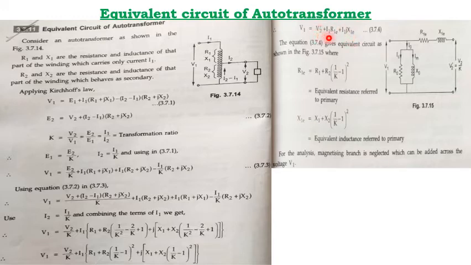With respect to this expression, I will draw the equivalent circuit. So how will we draw the equivalent circuit? You know this is the no load component, so no load resistance and no load reactance. The current flowing through the no load reactance is called the magnetizing component of the current.